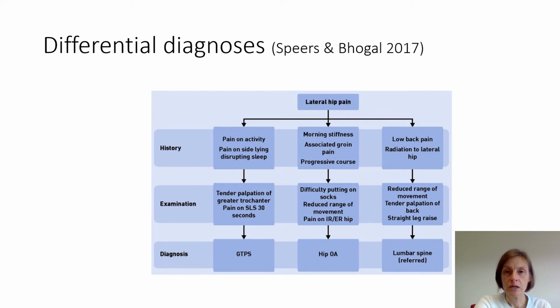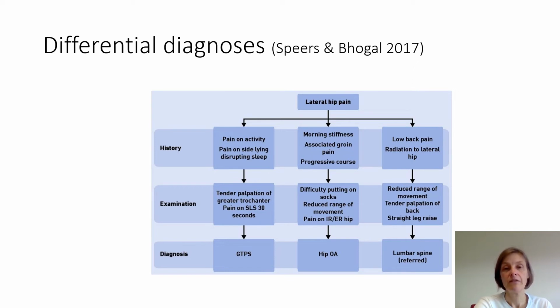Spears and Bogal in 2017 offered this differential diagnosis between greater trochanteric pain syndrome and hip OA. Both hip OA and greater trochanteric pain syndrome will have pain on activity. But if it's pain in side-lying which is disrupting sleep, compared to just general pain, then that's more likely to be GTPS.